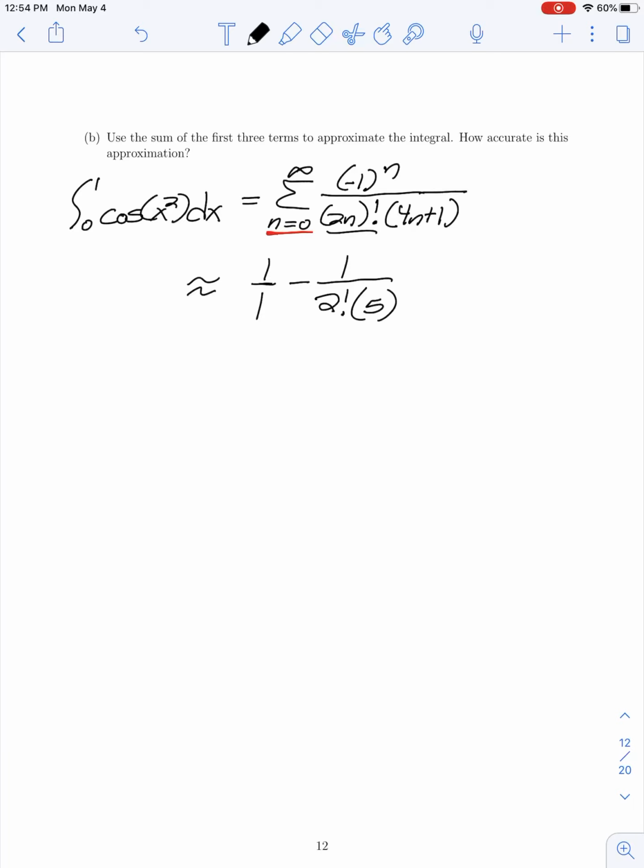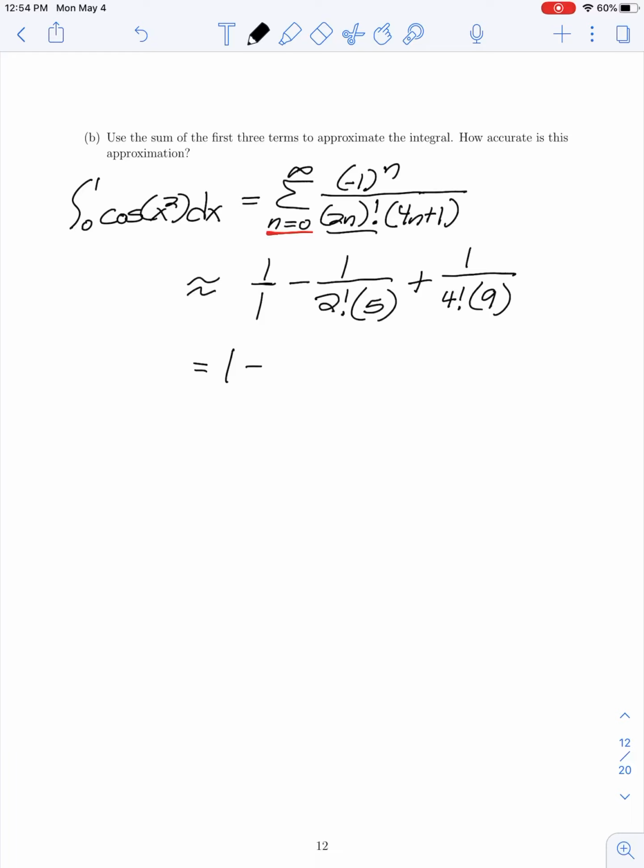Then moving to our next term, when n equals 2, we have negative 1 squared, which is positive 1, over 4 factorial, times 4 times 2 plus 1, which would give us a 9. So here we have the sum of the first 3 terms of this series. And this would be an approximation.